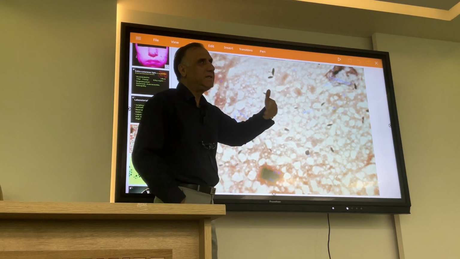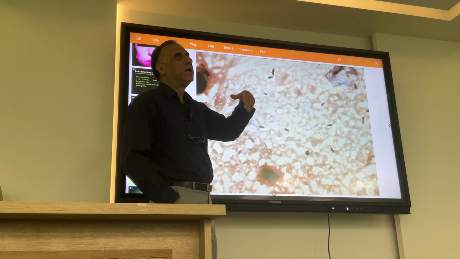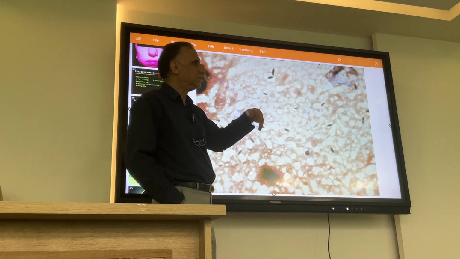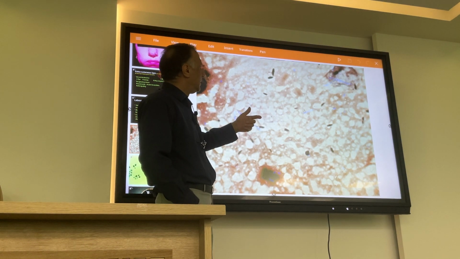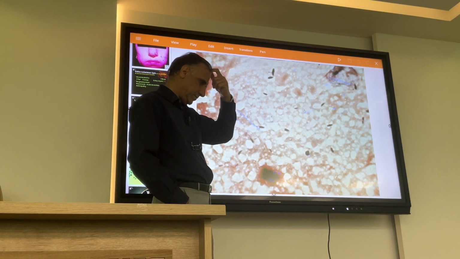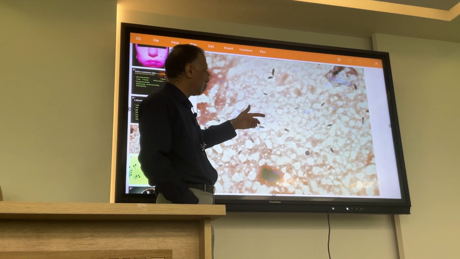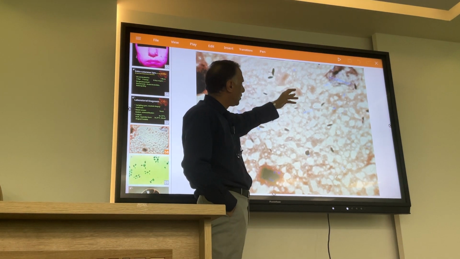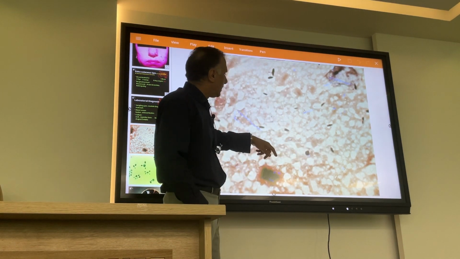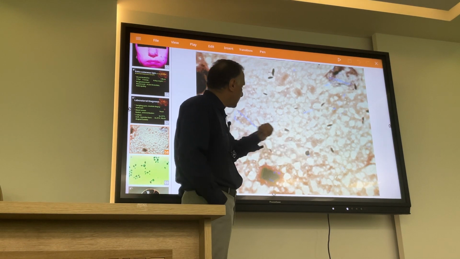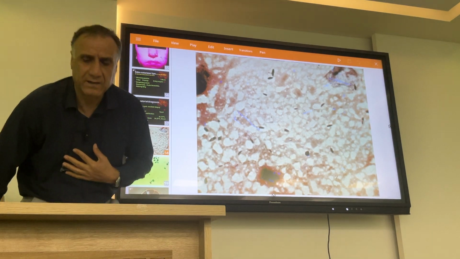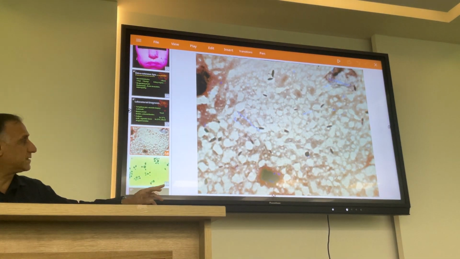But this yeast form shows many shapes of the microorganism: cigar shape, boat shape, ovoid shape, a multimorphological aspect in direct examination.